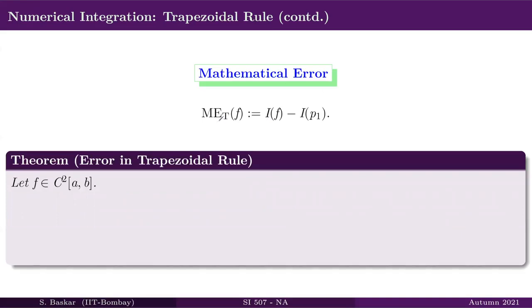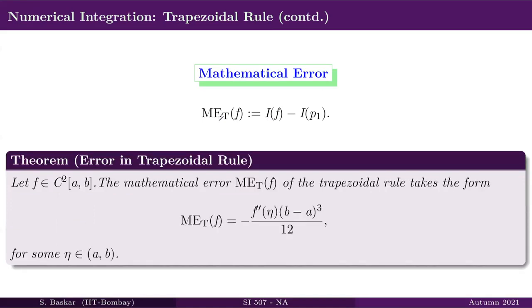For this, we need to assume that f is a C2 function defined on the interval [a, b]. Then the mathematical error MT of f of the trapezoidal rule can be written as minus f double dash of eta times (b minus a) cubed by 12, where eta is some unknown number in the interval (a, b).